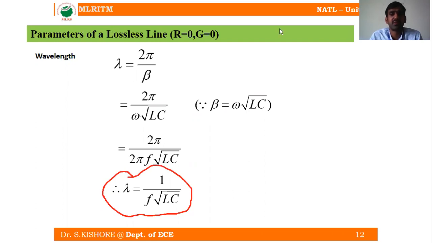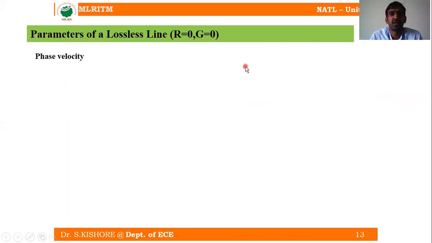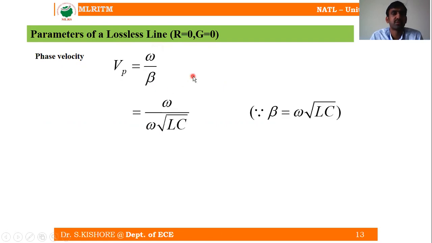Now let us look into the other parameter, that is velocity. Velocity of propagation, or phase velocity, or wave velocity. We already derived the expression for phase velocity, that is Vp is equal to omega by beta, where omega is the angular frequency and beta is the phase constant. As we are deriving here for a lossless line, we have R is equal to 0 and G is equal to 0, so beta is equal to omega root over LC.